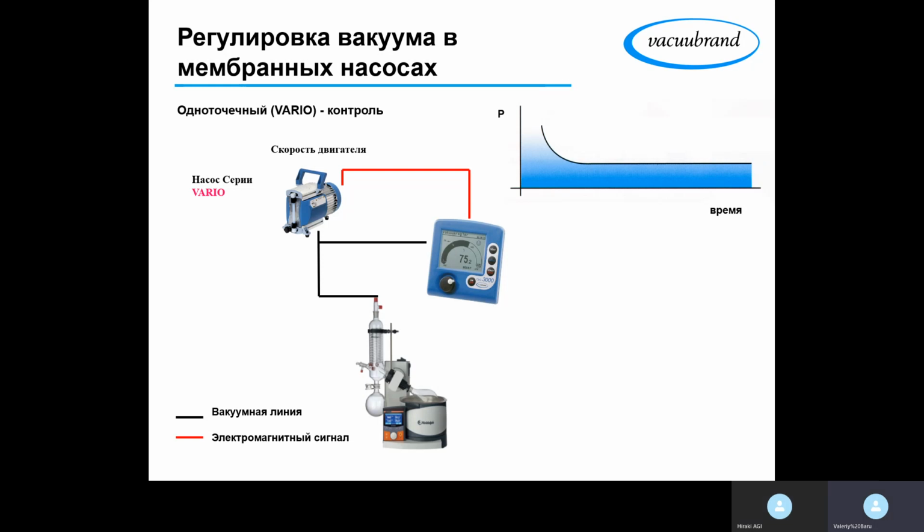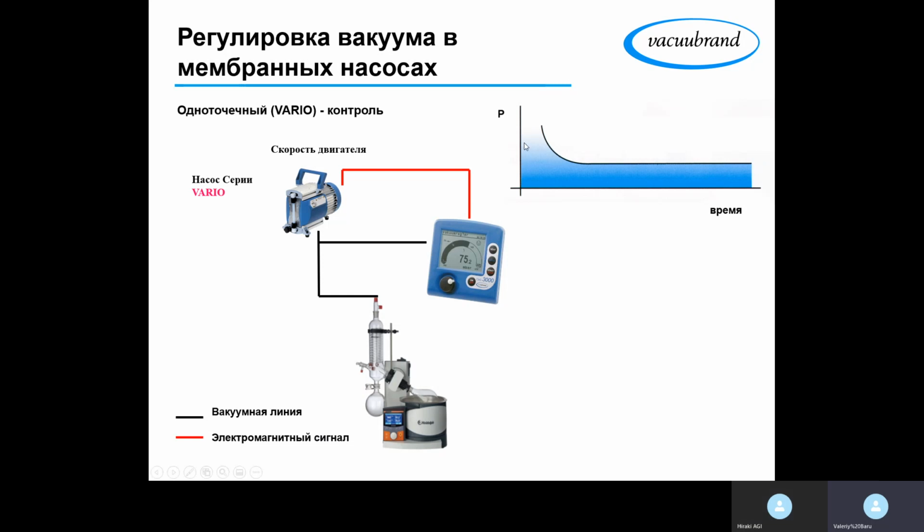We need only to keep the vacuum at 75 millibars, but we always have a leak in the system. Let's say we have 10 milliliters per minute. The drive will run at a speed that will allow the pump to compensate this 10 milliliters per minute leak rate. Clear?